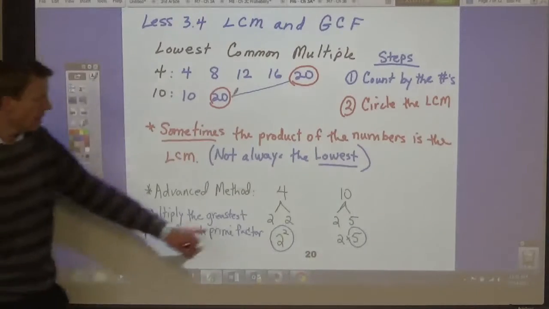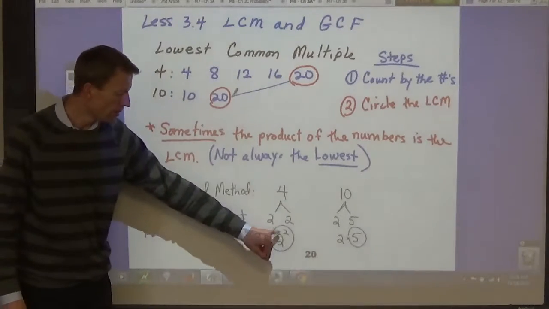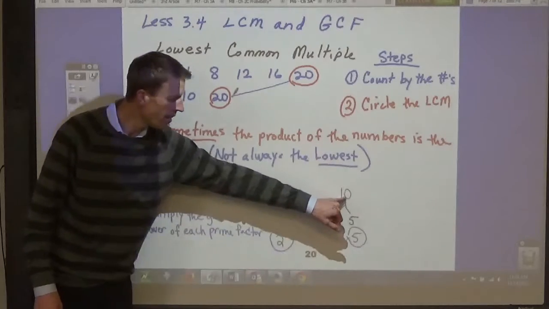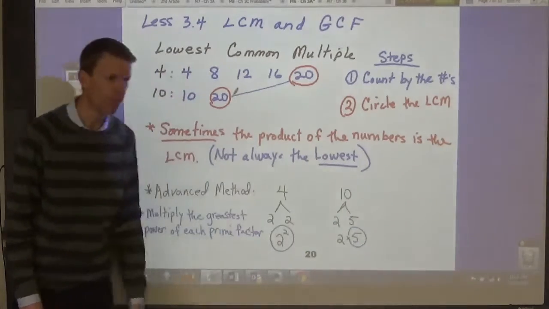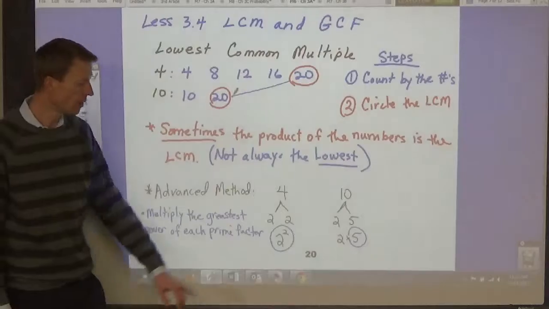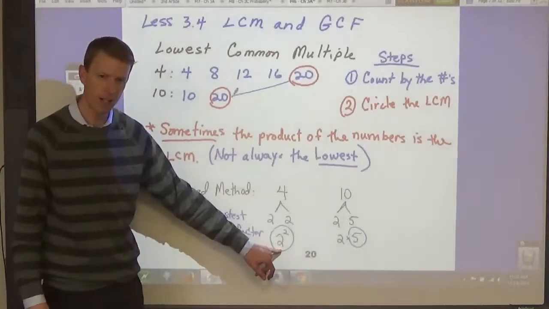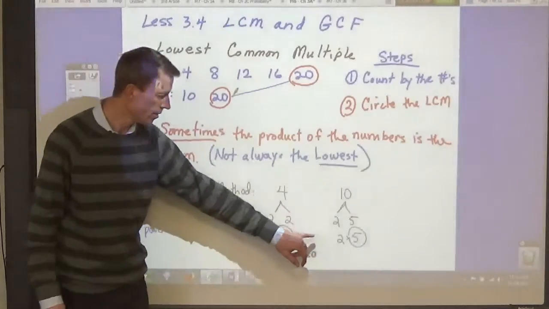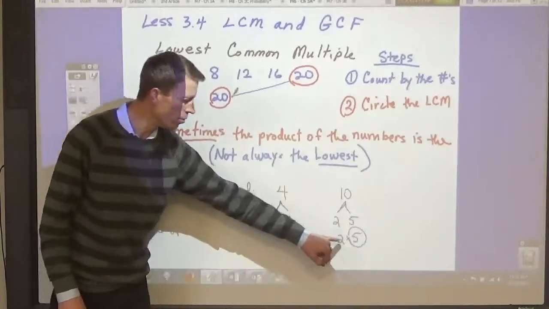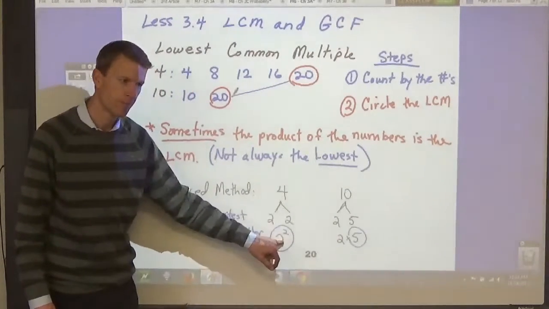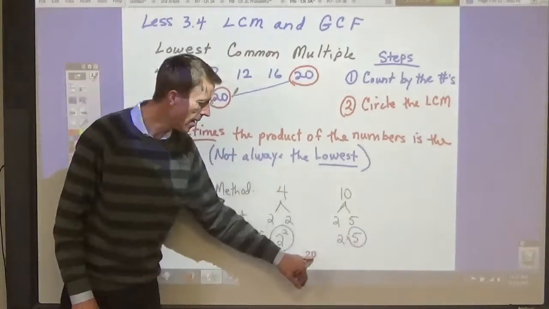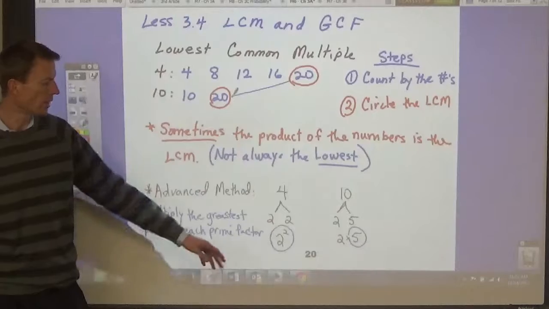So for 4, you make 4 with 2 squared, and you make 10 with 2 times 5. So we have to use 2's in the formula and a 5. 2 squared is the biggest power of the 2's. So we use 2 squared, which is 4, and 5. 4 times 5 is 20.